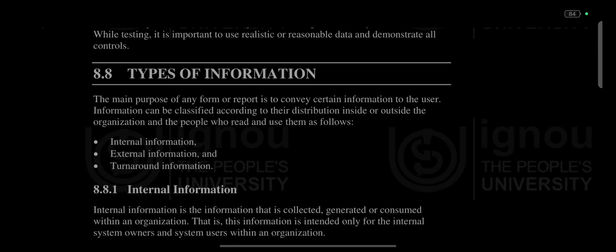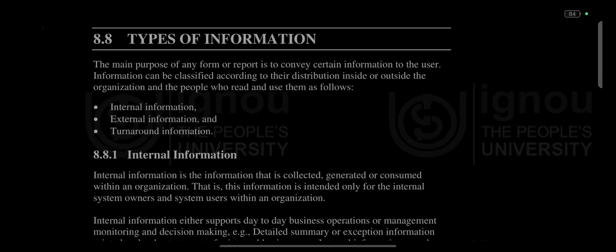Types of information. The main purpose of any form or report is to convey certain information to the user. Information can be classified according to the distribution inside or outside the organization and the people who read and use them as follows: internal information, external information, and turnaround information. Internal information is the information that is collected, generated, or consumed within an organization.